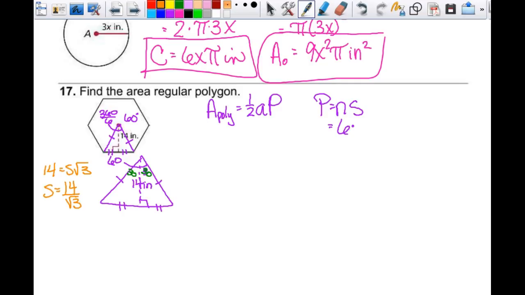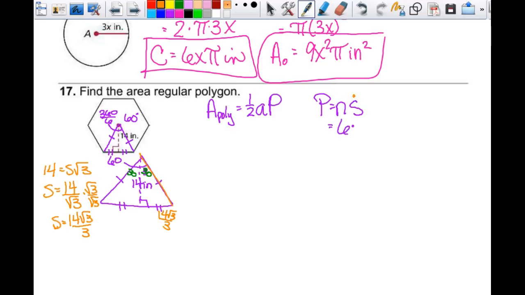So 14 divided by the square root of 3, I then have to rationalize. So my s is equal to 14 square root of 3 over 3. That's this right here. Now, I don't really care about the radius, but the s that I just found is not this s.